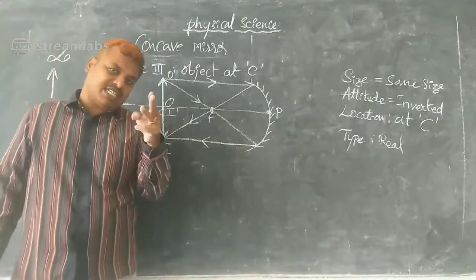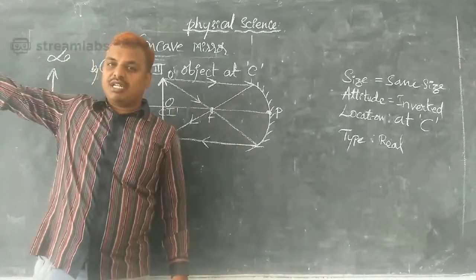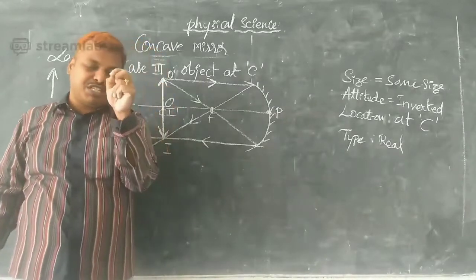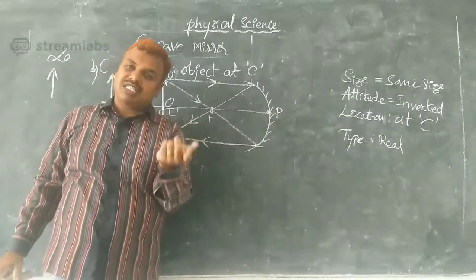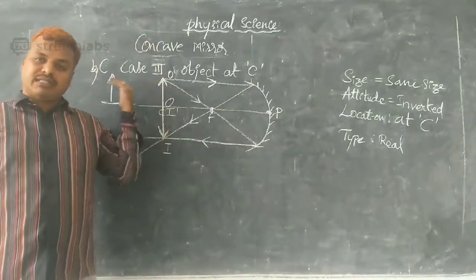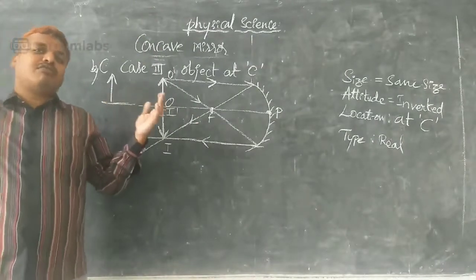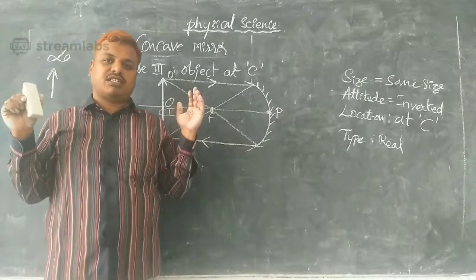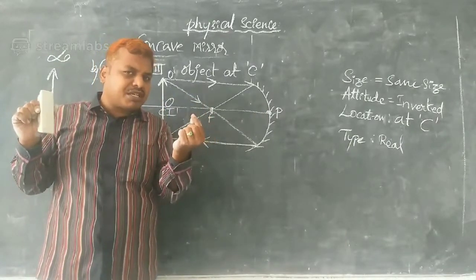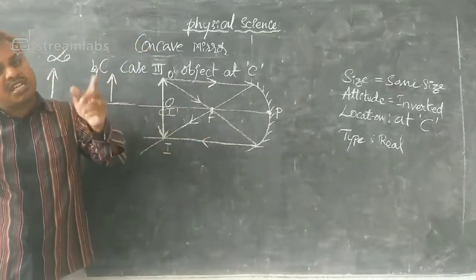So in these three cases, what do you observe? Object is placed at infinity. Image is formed at focus, and it is diminished image only, but it is inverted image and real image. When I brought the object from infinity to beyond center of curvature, the image size is increased a little bit, but it is still real image and inverted image only.